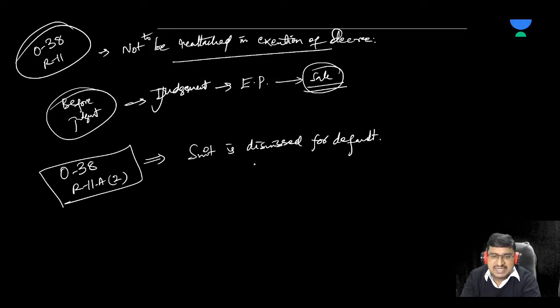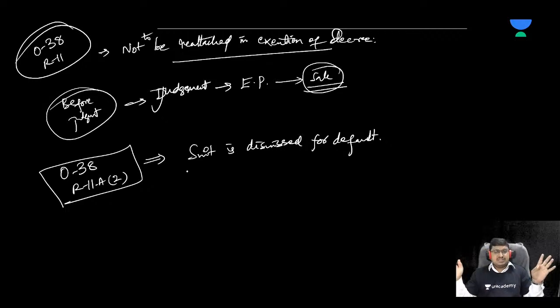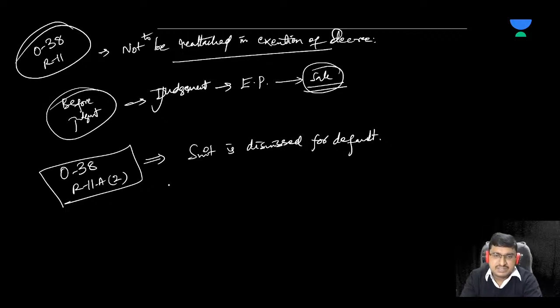The plaintiff has failed to run his case. Therefore, the suit is dismissed for default. If the suit is dismissed for default, an attachment order has been passed by the court, an attachment before judgment.